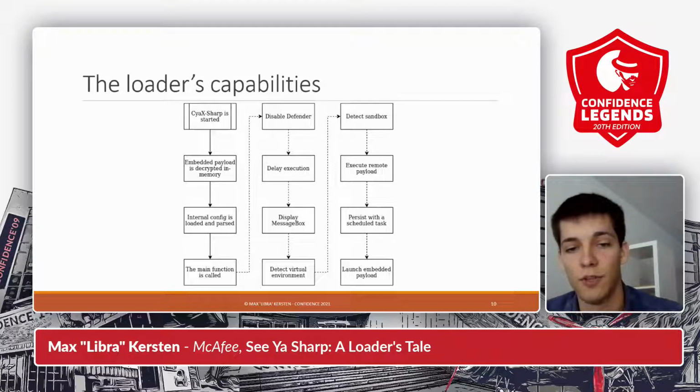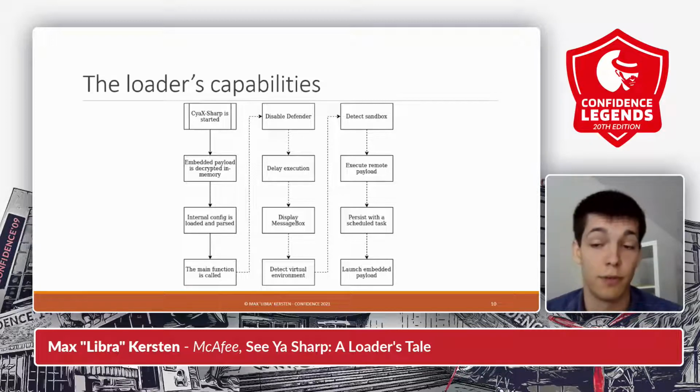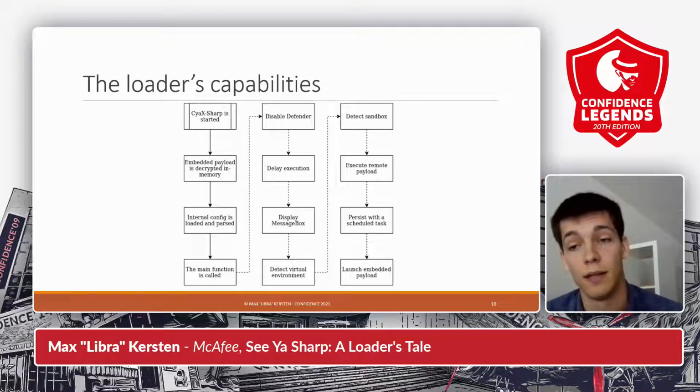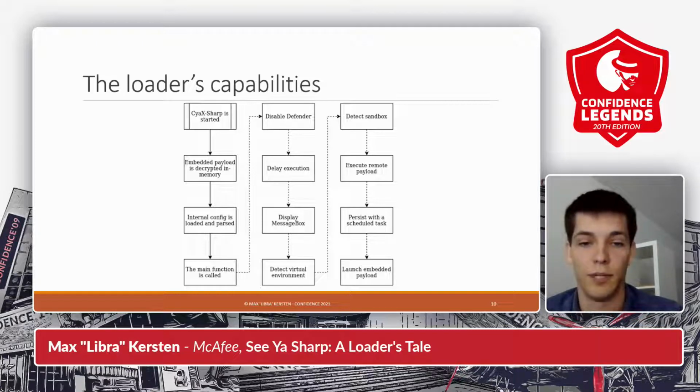Then the main function is called, and from then onwards, it also depends on what the configuration file said when looking into the functions that it has. So the dotted line indicates that it is potentially doing this, whereas the solid line means that this is done for sure. So the first few steps are always executed, and then it depends on the version and also the configuration itself on what is performed in terms of actions.